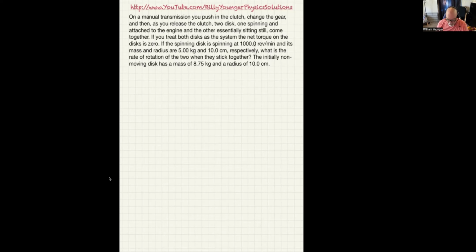Believe it or not, you can actually work it in revolutions per minute. You don't have to convert it to radians or anything like that. Let's go ahead and write the solution. We're going to realize that the summation of the torques is equal to dL/dt.